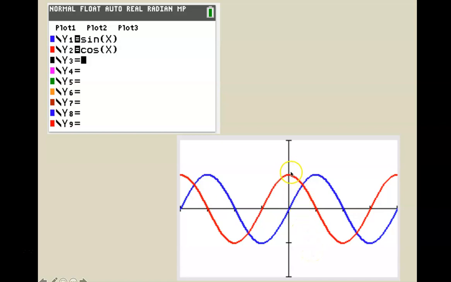If I were to take this cosine function right here and shift it some little bit to the right, you'd see that basically they were the same graph. So if I take a cosine and shift it to the right, specifically if I shift it pi over 2 or 90 degrees to the right, then your sine and cosine basically become the same function.